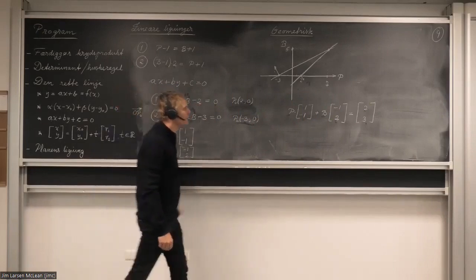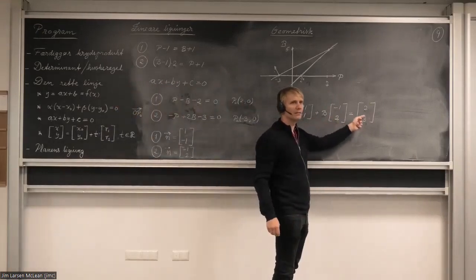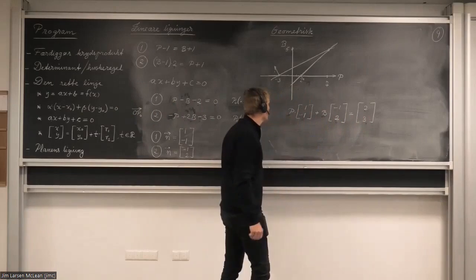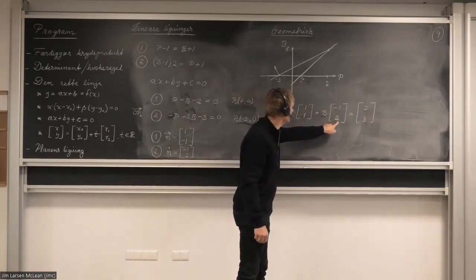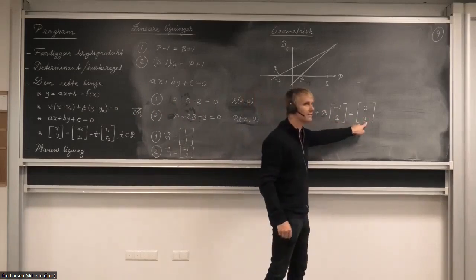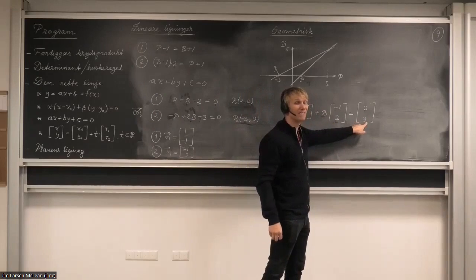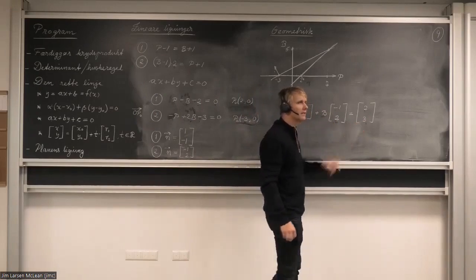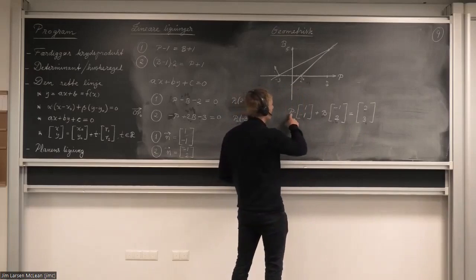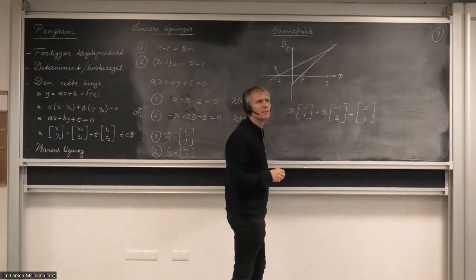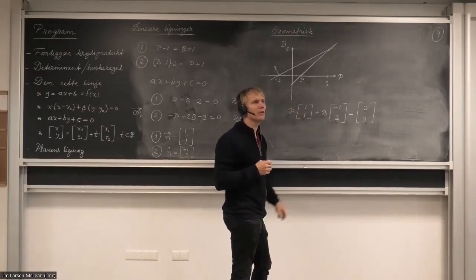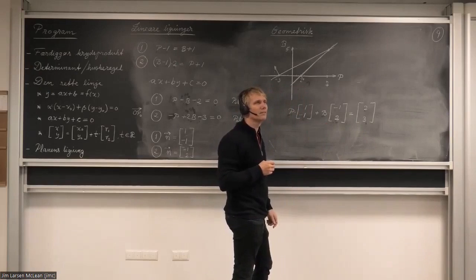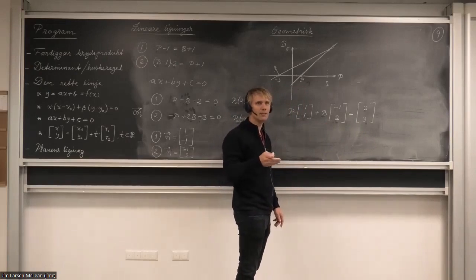But the thing with this is that it can be interpreted geometrically. And here it says that you know one vector and you know another vector, and you combine them to get that vector. It gives me a certain question. If you multiply a vector by a number p, what happens to the vector? You make it longer if p is greater than 1. Remember? You make it shorter if p is between 0 and 1. It flips if it is negative.